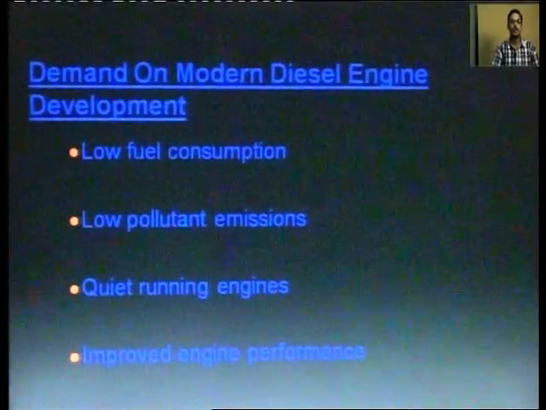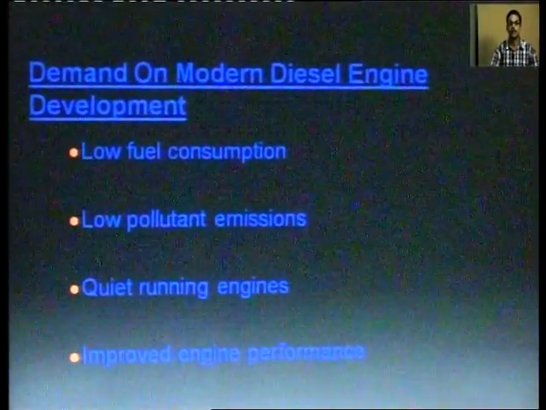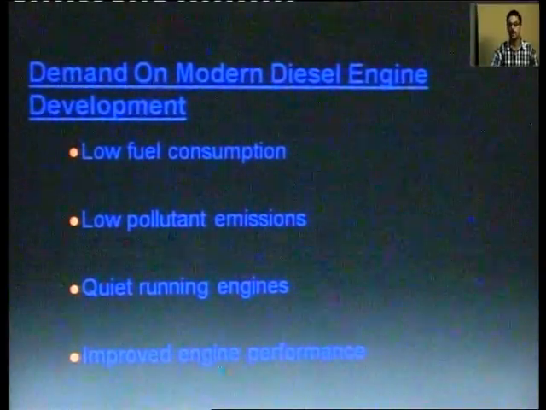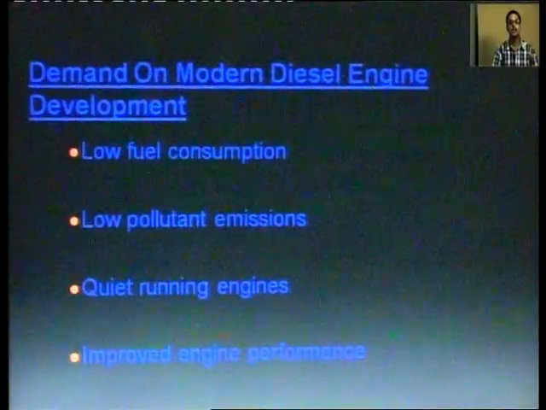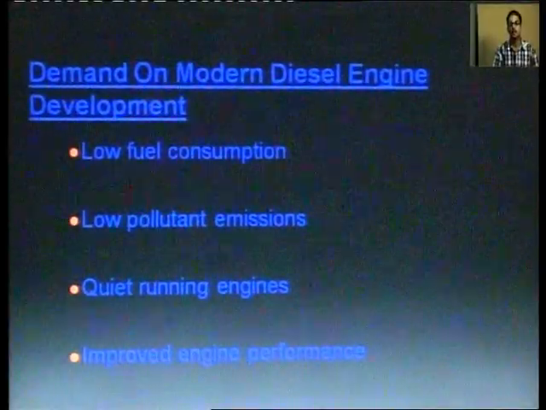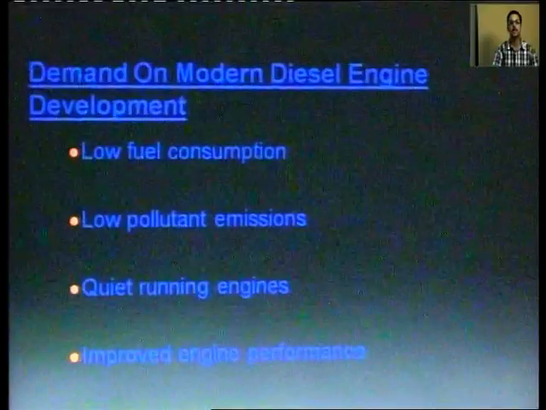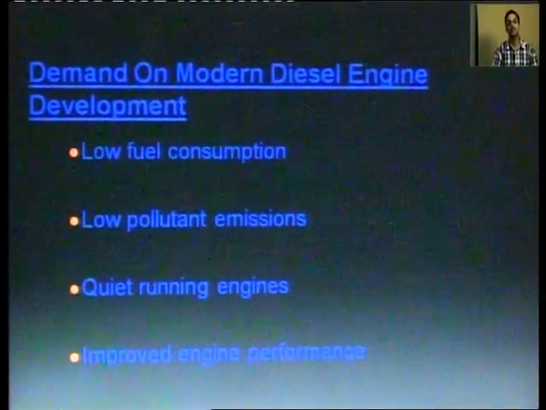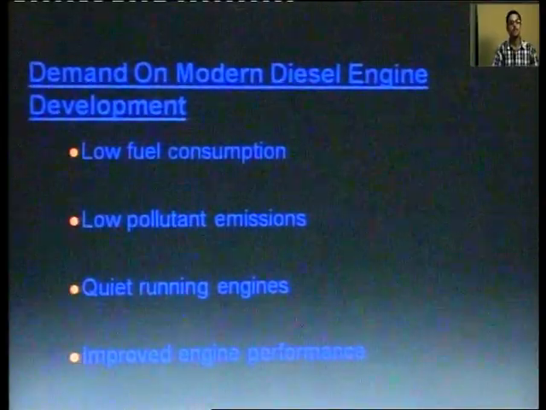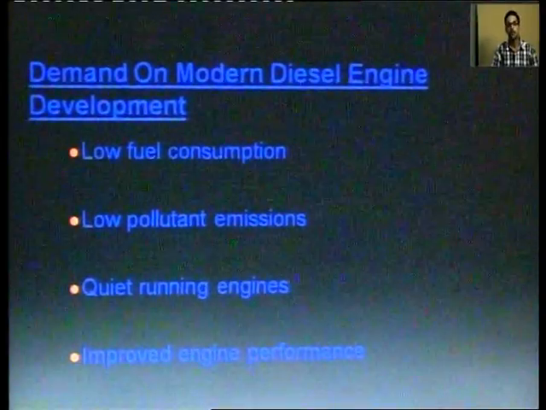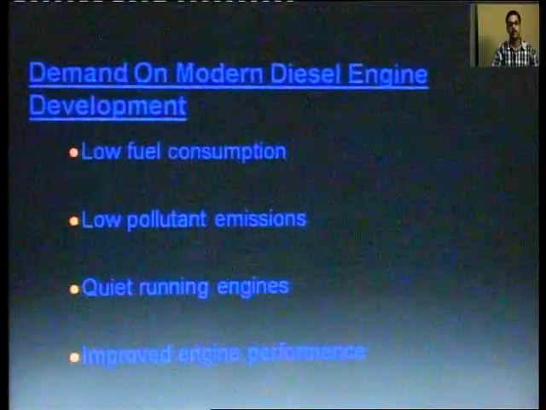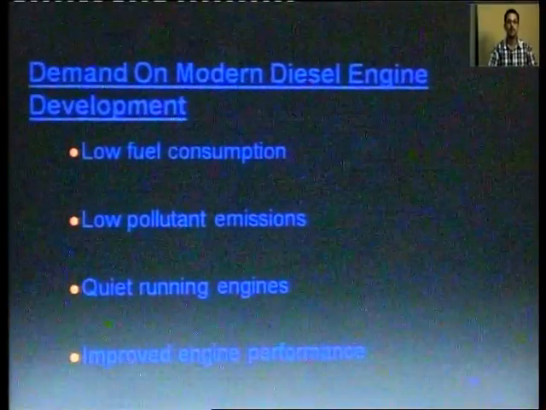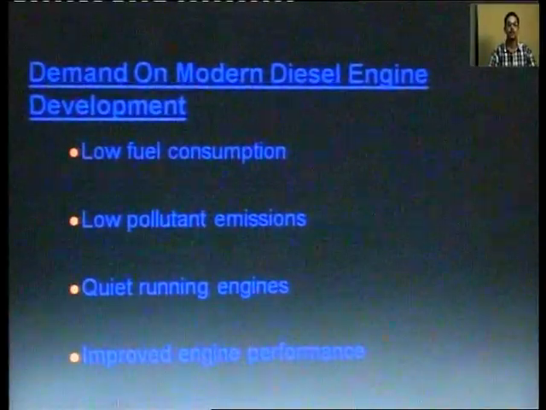Another case is low pollutant emissions. This factor comes from the fact that such engines are mostly low RPM engines, running at 2500 RPM maximum, or 4000 RPM maximum. So these are low RPM engines, and this also reduces the pollution emissions.